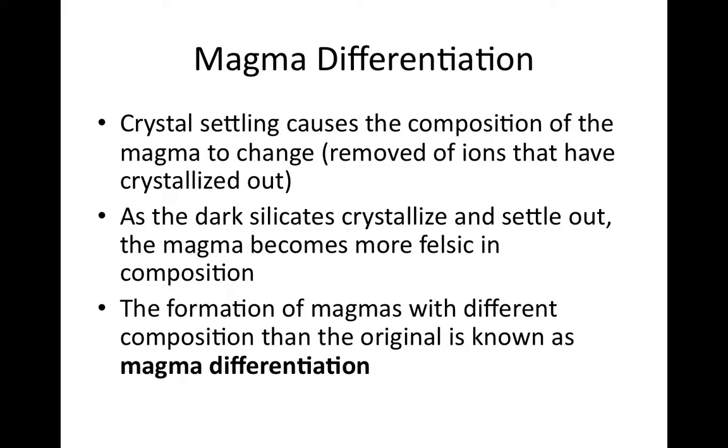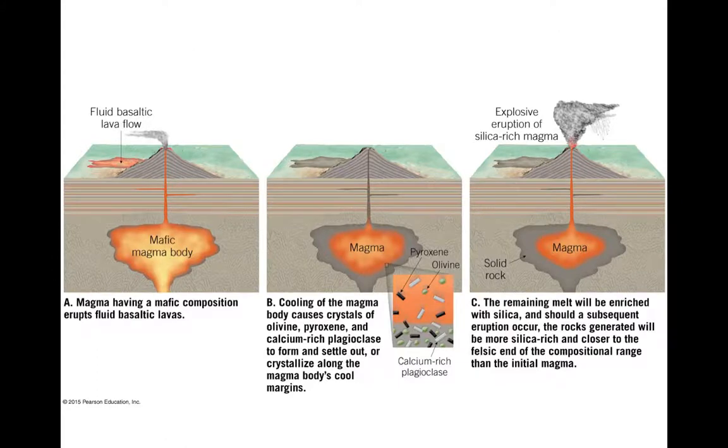So this is how felsic and intermediate magmas form, which then cool and solidify to form felsic and intermediate igneous rocks. Let's say we had a magma body, and it's mafic in composition.